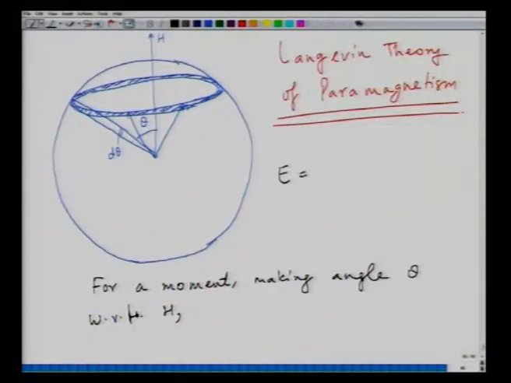Now you know that the energy of these magnetic dipoles, in the analogous way as for dielectric materials, is given as minus mu dot H. So this is nothing but minus mu m H cos theta. Naturally, as theta is 0, the energy becomes minimum.